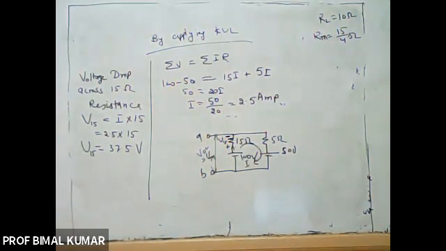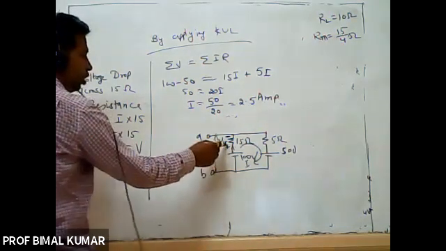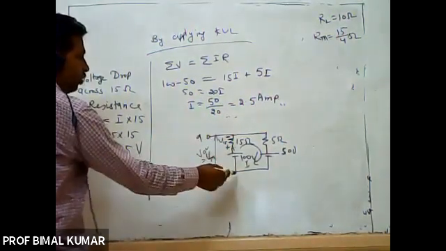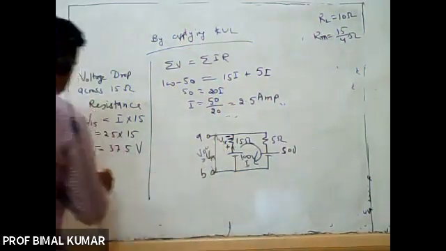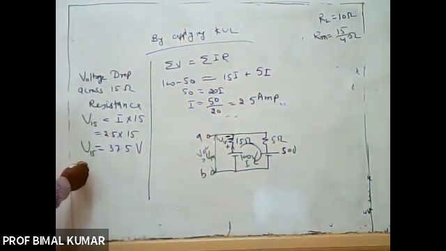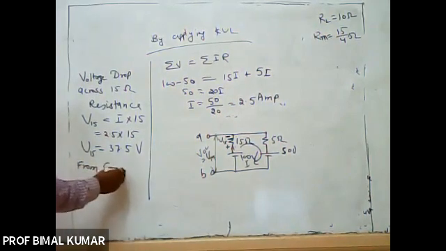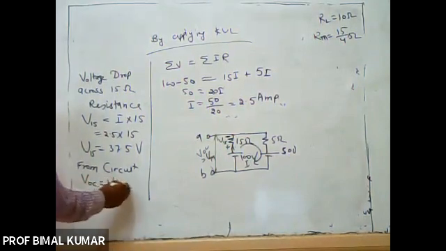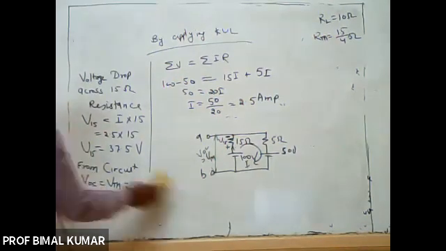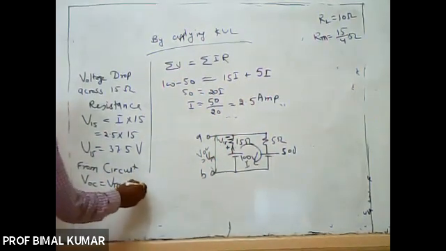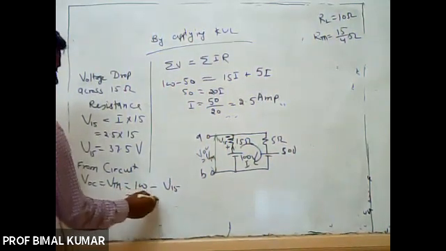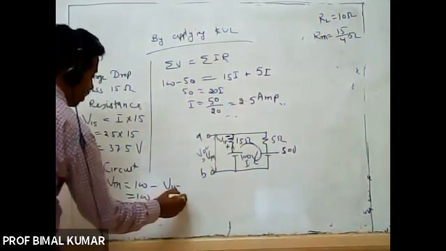2.5 is the current in that loop, right? Now, because here, if you see, the positive of both are connected with each other, across this complete branch VOC is equal to 100 minus V15. From the circuit, VOC is equal to VTH, that will be equal to 100 minus the voltage across the 15 ohm resistance. So that will be 100 minus 37.5.